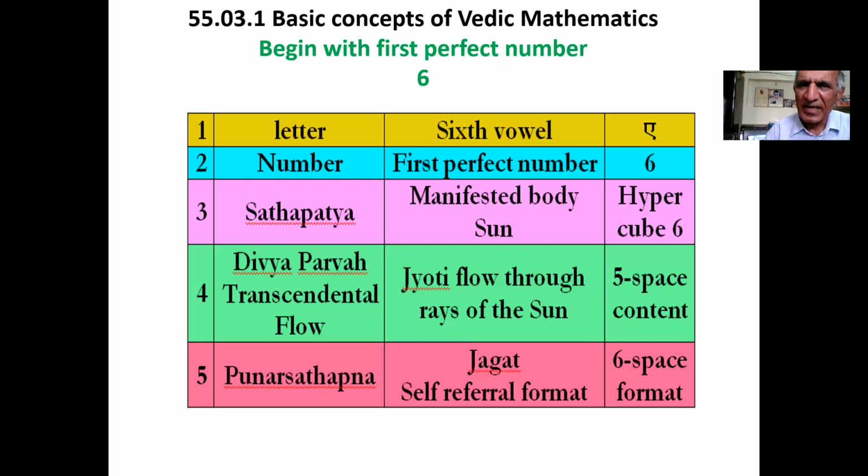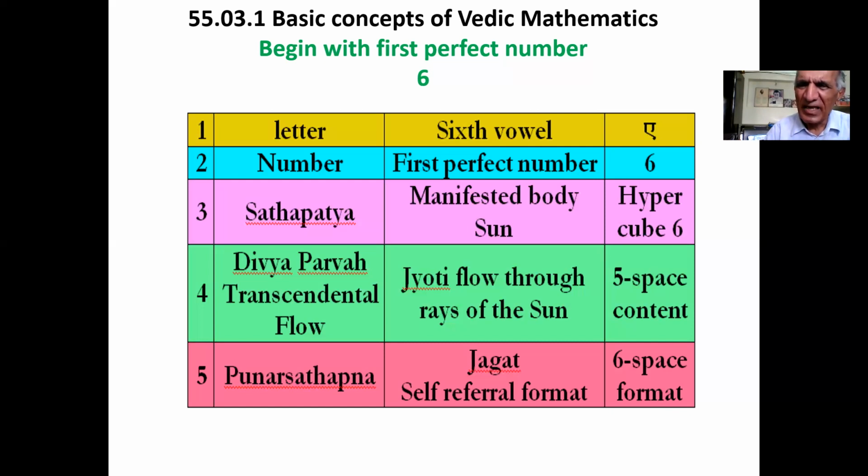From Varna Samamanaya to Anka Samamanaya, we will have sequential reach ahead at Sthapatya, geometric formats, manifested bodies format. From numbers to geometric bodies is the reach of this phase and stage.